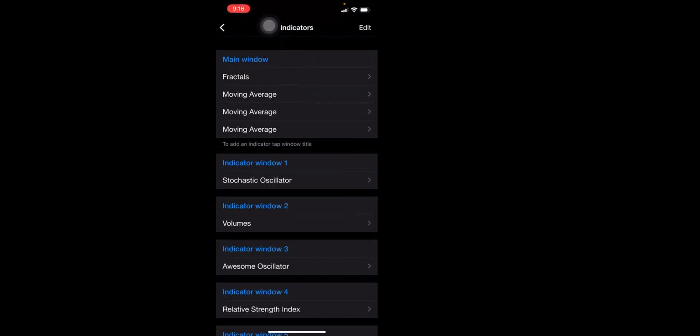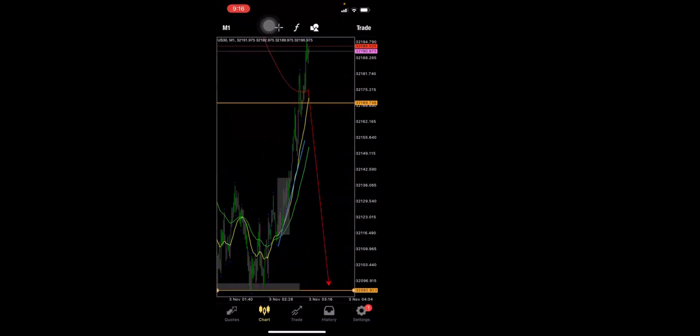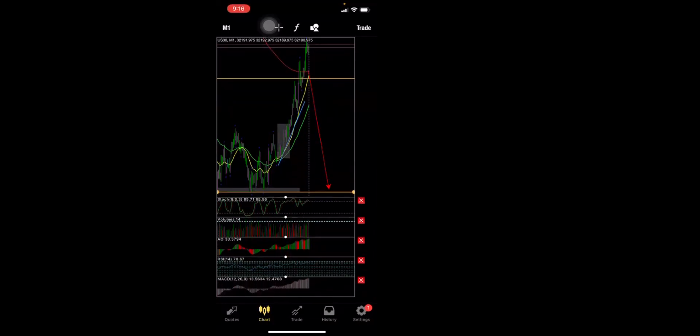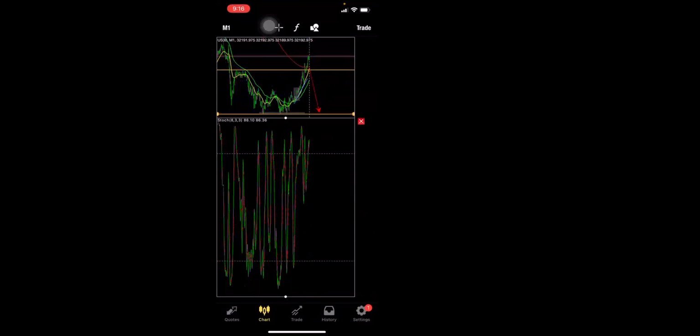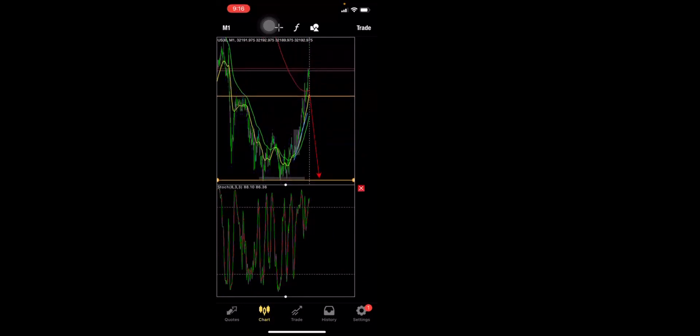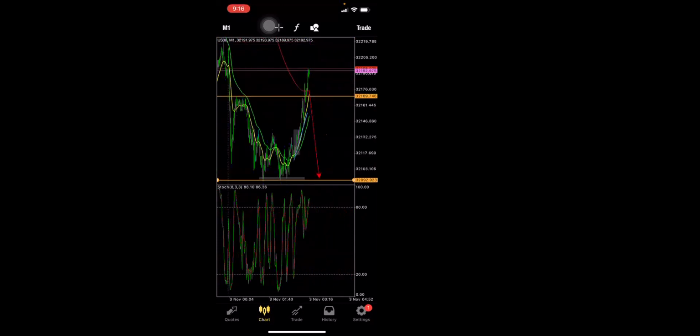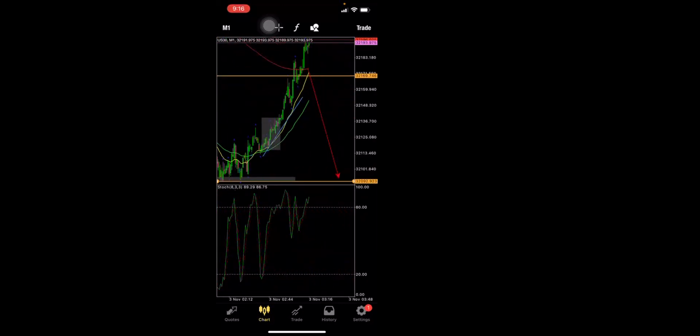Okay, so basically, the stochastic indicator or oscillator, let me just pull it up real quick. Basically, this is showing us price. I use this to identify where price is oversold or overbought. At the top, where it has the 80.00, this is where we would say it's overbought.